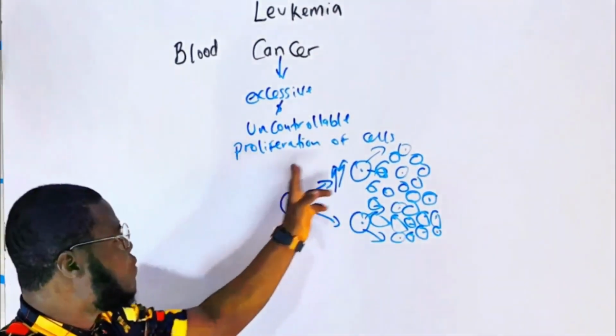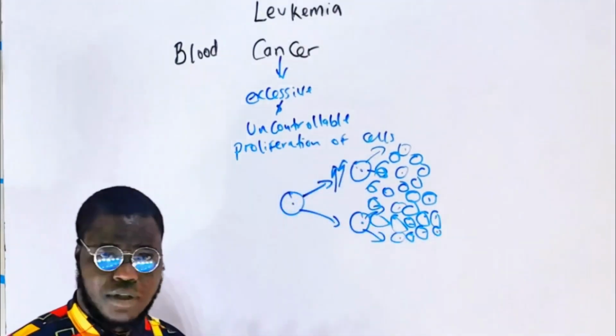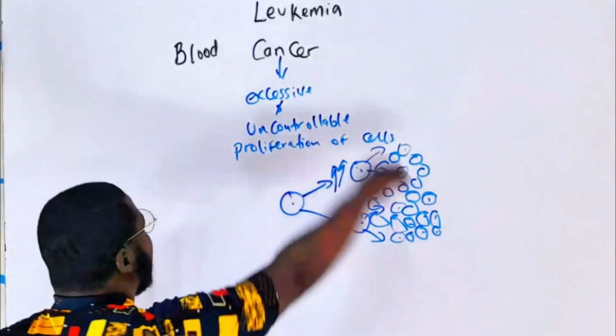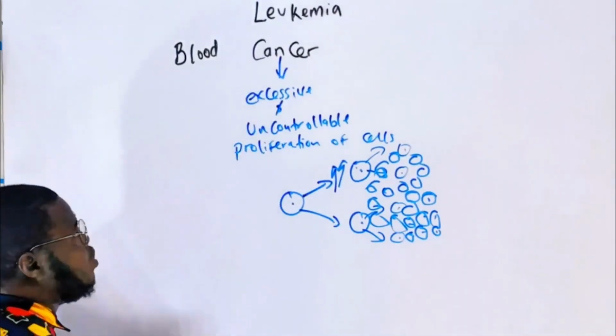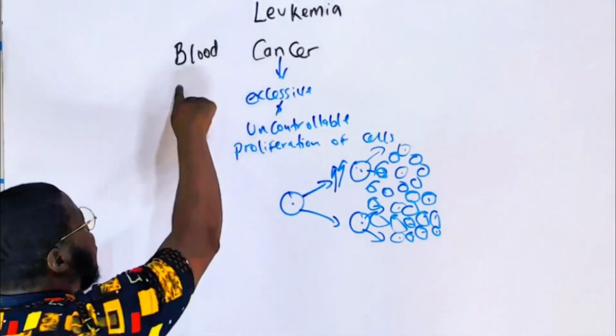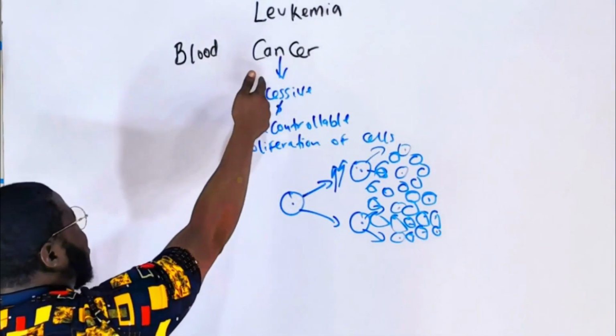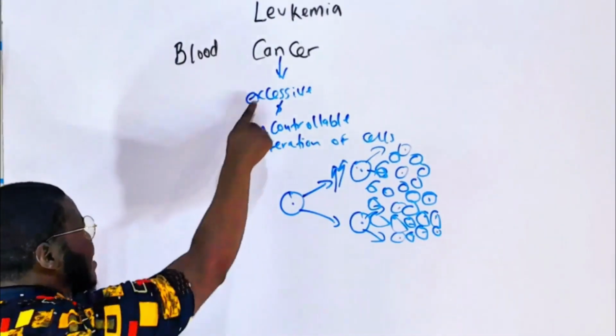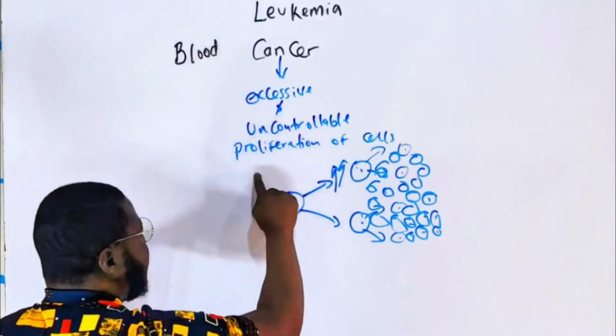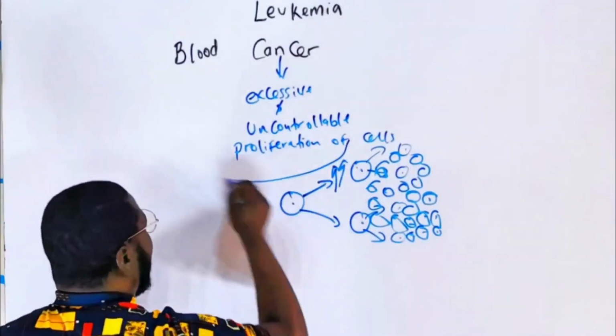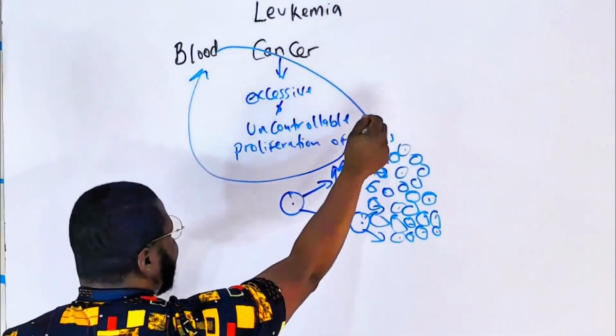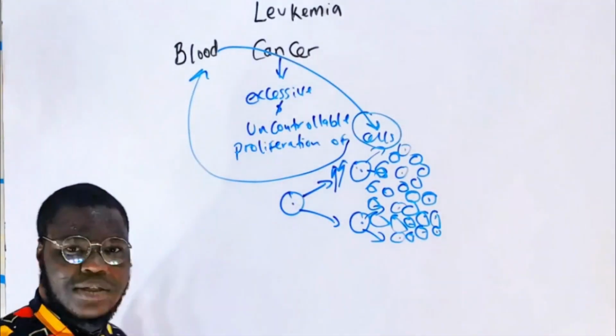So uncontrollable proliferation of cells within the body. Now, if you combine the meaning of blood and cancer together, you already know the reason why they call leukemia the blood cancer. What is happening here is just an excessive and uncontrollable proliferation of the blood cells. As simple as that.